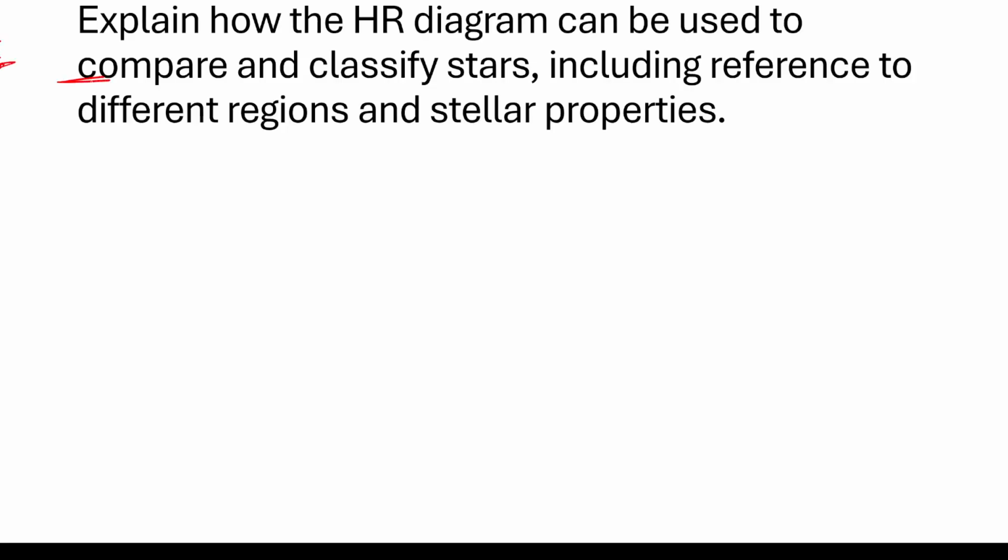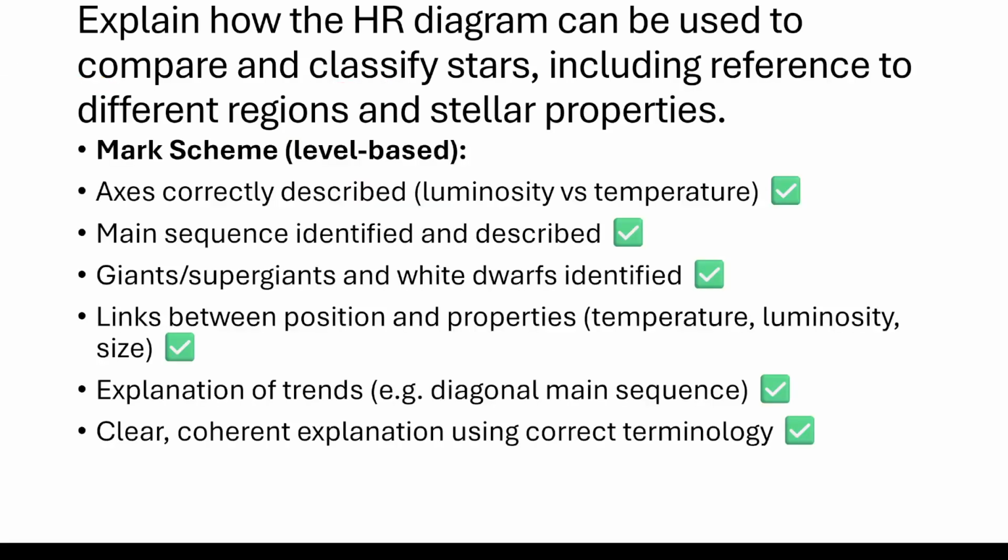You're comparing luminosity and temperature, and then classifying main sequence, white dwarf, giant, red supergiant, and including reference to top, bottom, top left, bottom left, right, top right, and then the stellar properties: how bright the star would be, how hot it would be. Try to write the answer, pause it and write the answer. If you've done that, check.